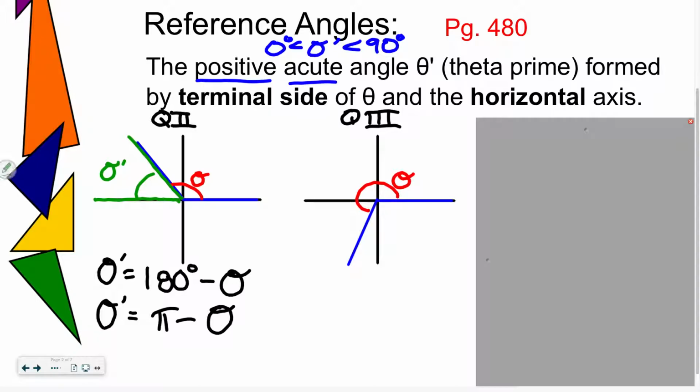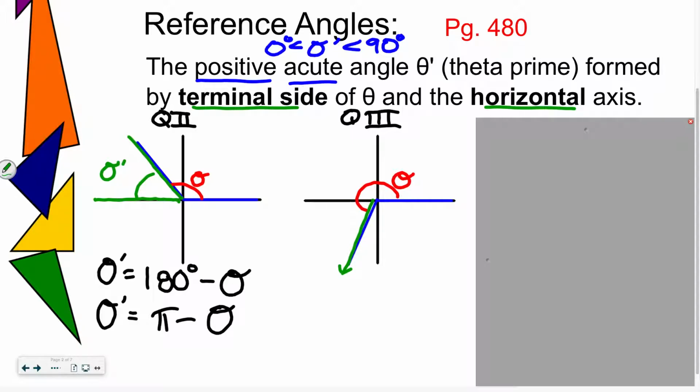But I'm going to use my green marker again, and I'm going to trace what my reference angle is in this particular quadrant. Well, the reference angle is formed by the terminal side and the horizontal x-axis. But remember, you have to go back to the part that makes it small, acute.